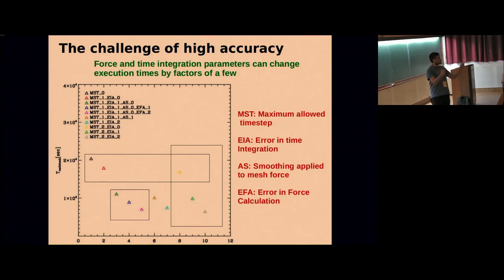Based on what you choose, you can change the execution times by factors of 4. So instead of something taking you a few days, it might end up taking weeks. So you have to find a set of optimal parameters that solve your problem with the required accuracy and provide the shortest time to solution.